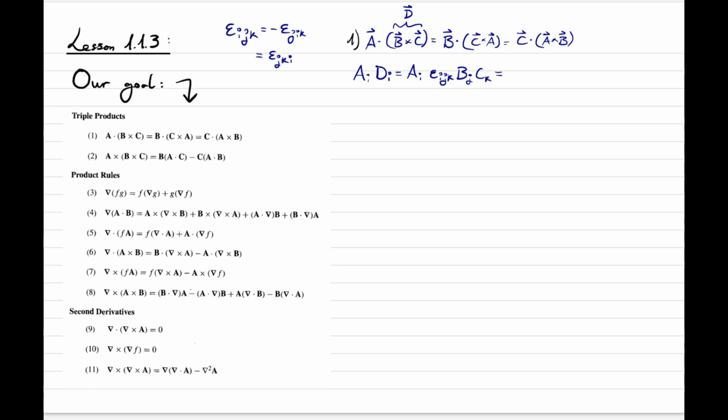So we are going to substitute epsilon ijk by epsilon jki, and we are going to move the b to the front. In this notation we can move everything where we want, so this is just like multiplying scalars.